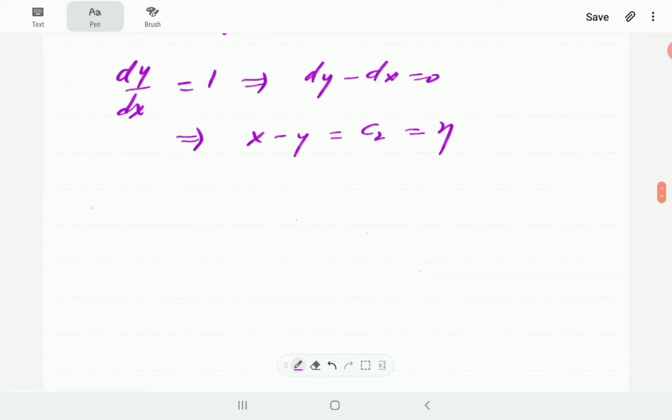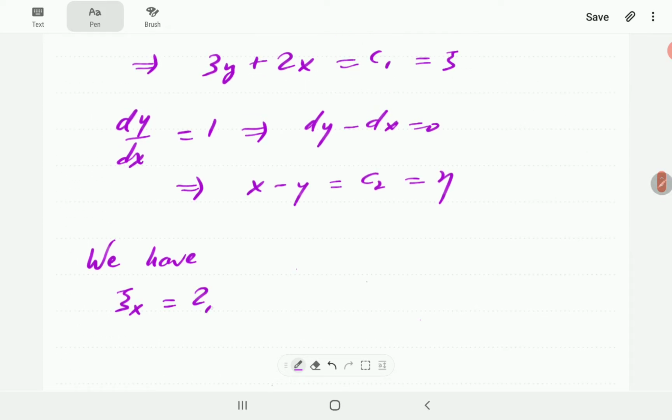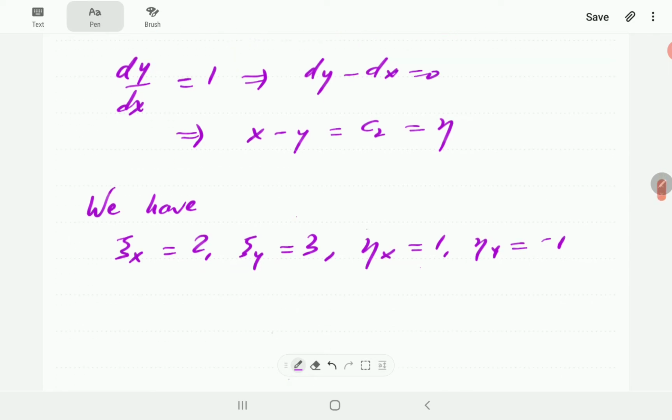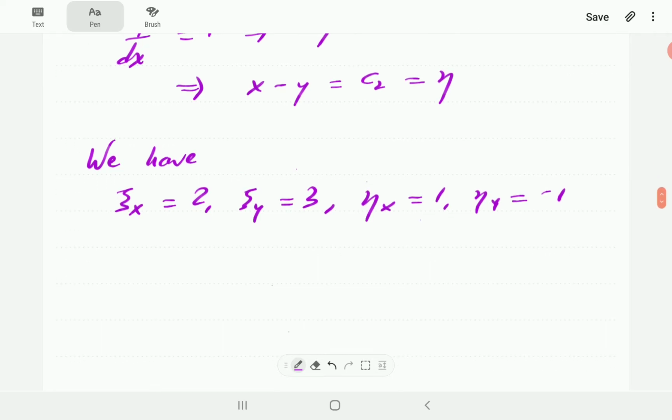Then the first order derivatives of these canonical variables with respect to x and y: xi_x is going to be 2, xi_y is going to be 3, eta_x is 1, and eta_y is -1, which means that the second order partial derivatives will be 0.